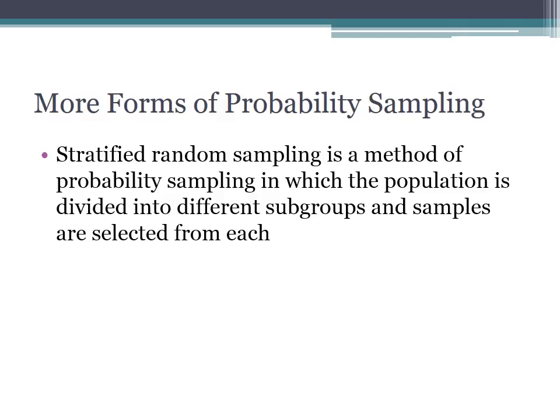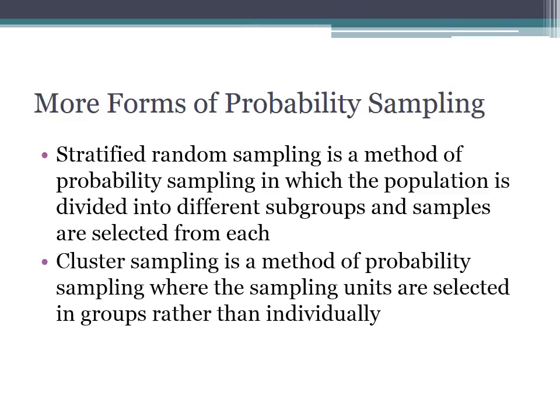So rather than putting all 28,000 students together, we would get the list of engineering students and then randomly pick 20. Get the list of all business students, randomly pick 20. Get the list of all nursing students, randomly pick 20. That way we would be sure that we had students that were representative of each of the different colleges.